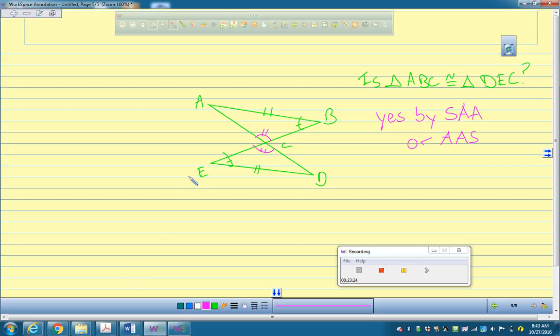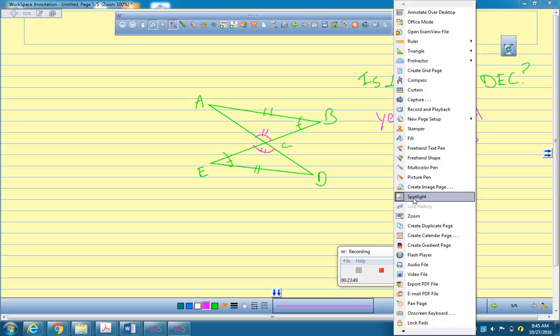Couple more. Let's just do one more, and then we'll be done. What if I had something like this? Oh, this is a good one. I'm going to draw this shape.